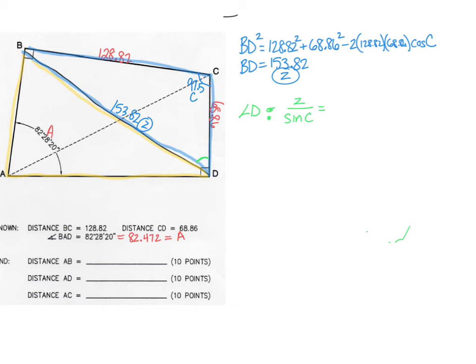Should equal 128.82 over the sine of the angle I'm looking for. So you can do your cross products in your calculator, and we're going to look for sine of D. That's what we're searching for, so don't forget to do second sine at the end.